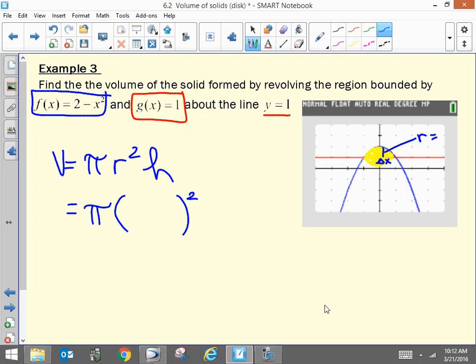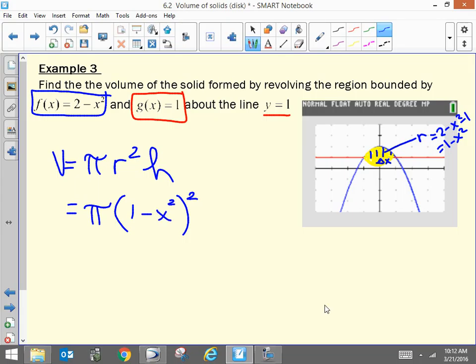The top is taller: 2 minus x squared, minus 1. Very good. The top is 2 minus x squared, wherever you draw that vertical line. The bottom is 1. So we need to do that, and that simplifies to 1 minus x squared.